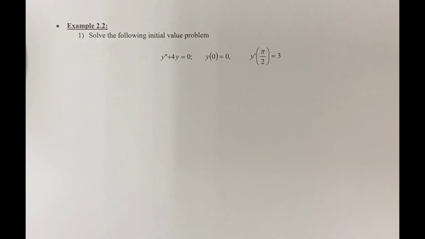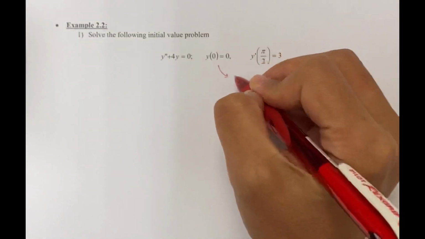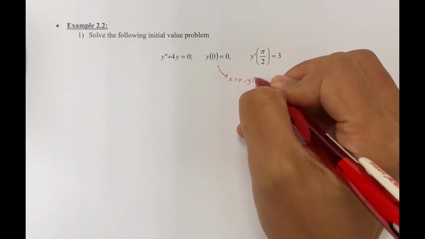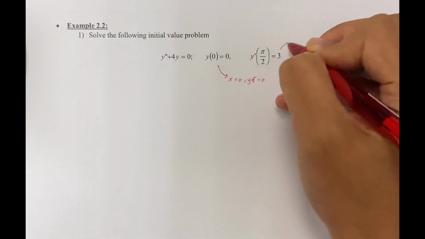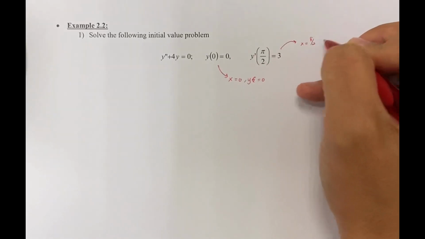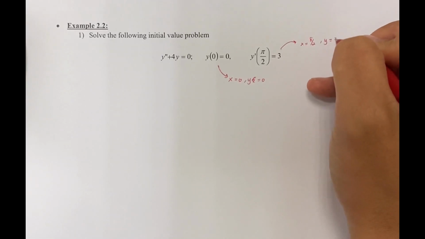Okay, the first condition, we have y(0) is equal to 0. y prime of pi over 2 is equal to 3. Again, by now, you should know that this means x equal to 0, y equal to 0. And for this one, this is when x equal to pi over 2, y prime is equal to 3.